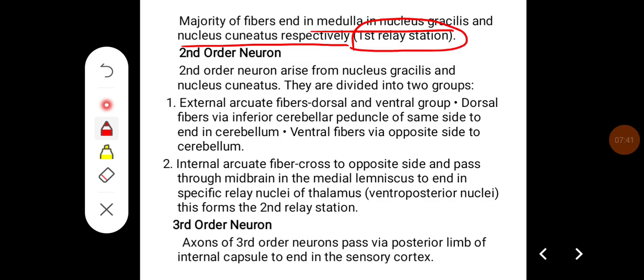The second order neuron arises from the nucleus gracilis and nucleus cuneatus. They are divided into two groups: external arcuate fibers and internal arcuate fibers. External arcuate fibers again get divided into dorsal and ventral groups.